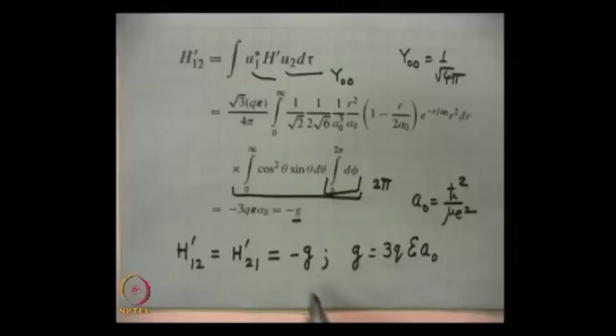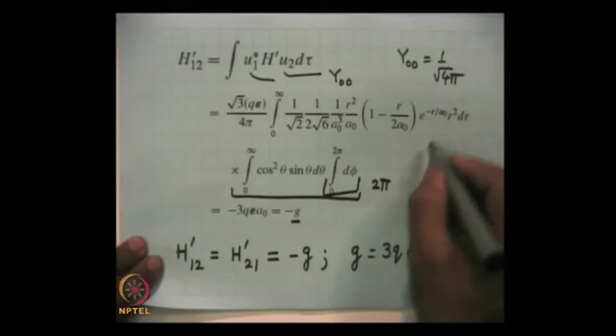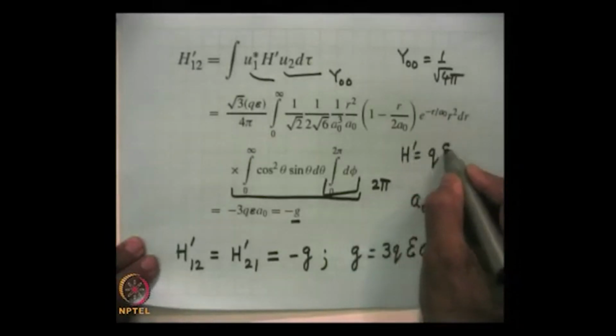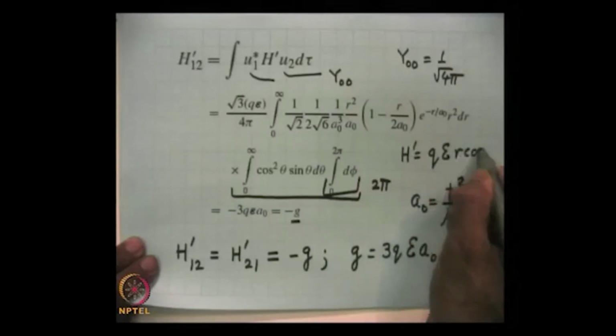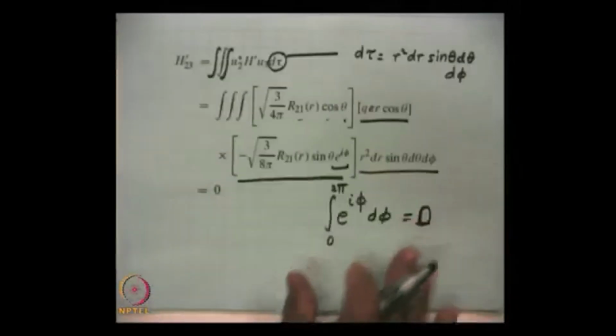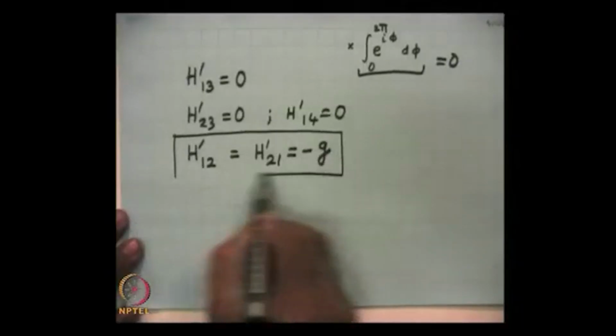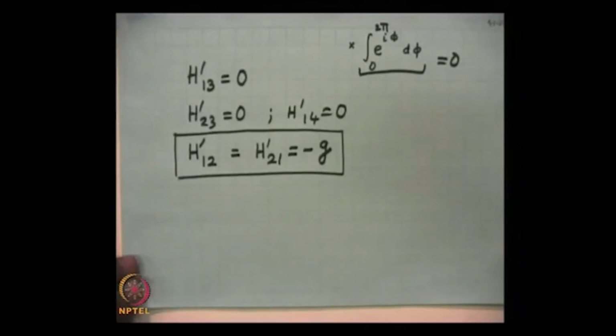Now, we have this perturbation H prime, which is equal to q E r cos theta. We calculated laboriously all the matrix elements, and we found that all the matrix elements are 0 excepting for H prime 1 2 and H prime 2 1.